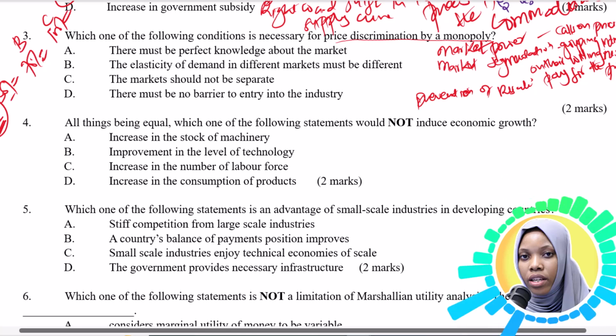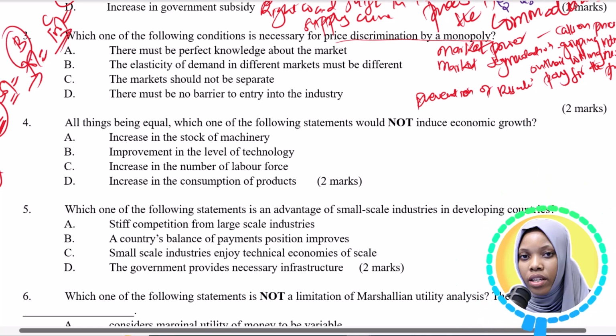So consumer A cannot sell the product produced by, let's say, producer X to B or C. Only X can sell to B or C or A.